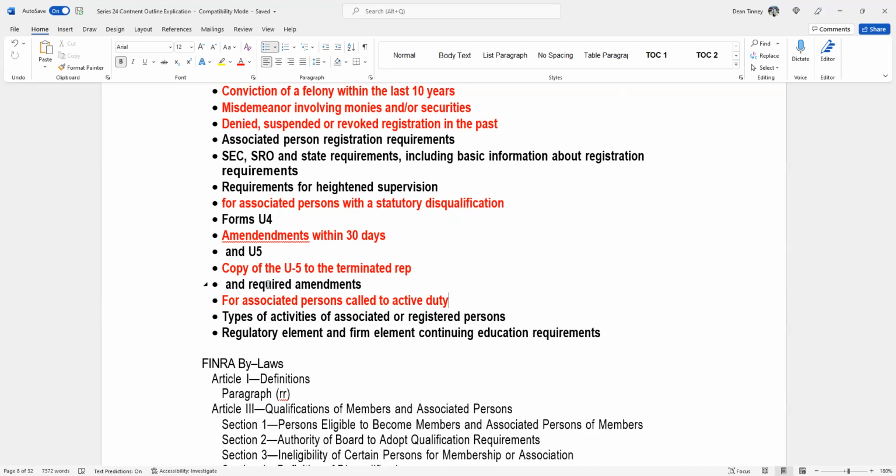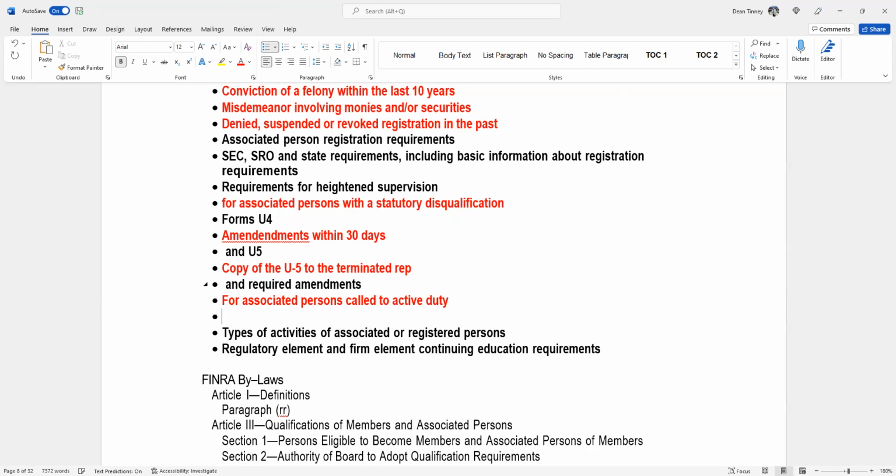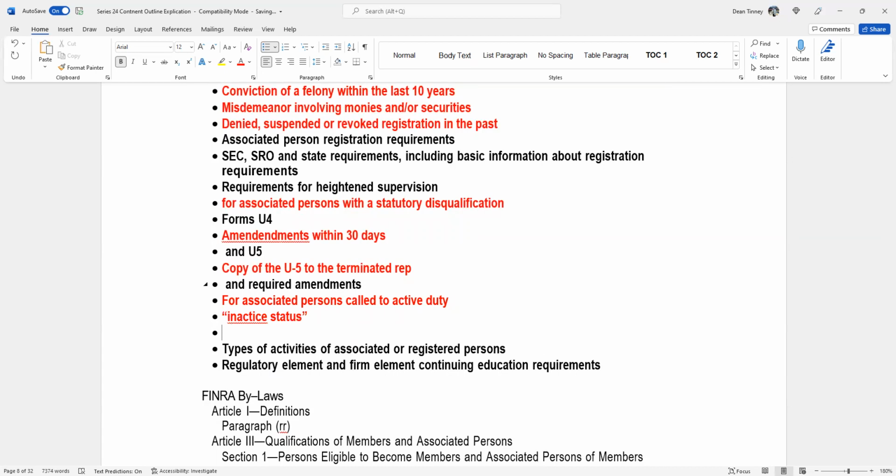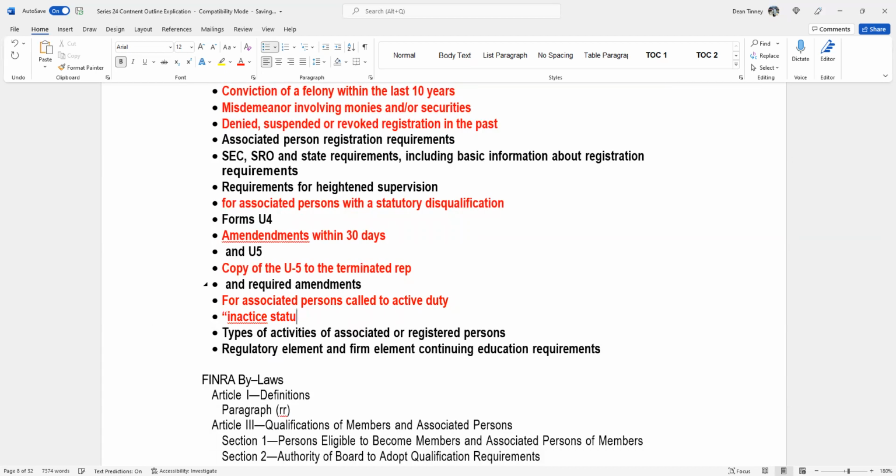And what we're talking about here is, say Dean is a senior vice president at the broker dealer, and I get called into the Marine Corps on an active basis. What happens? Well, we have a special category for inactive. So, special inactive status. The least we can do for you while you're out serving the Republic is waive your CE.